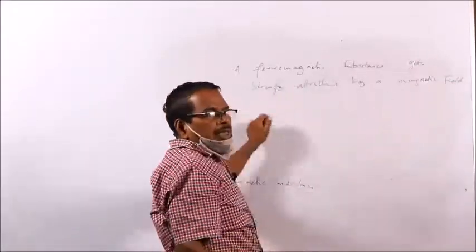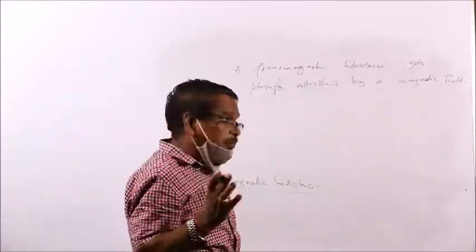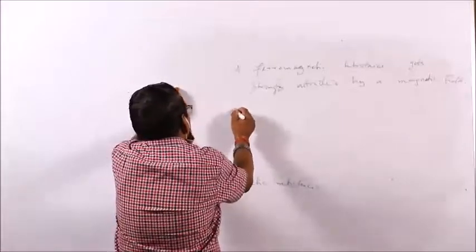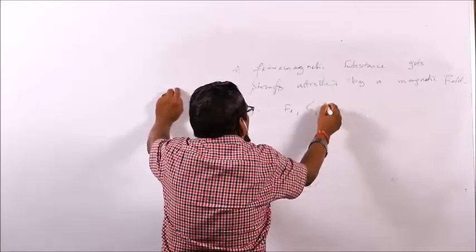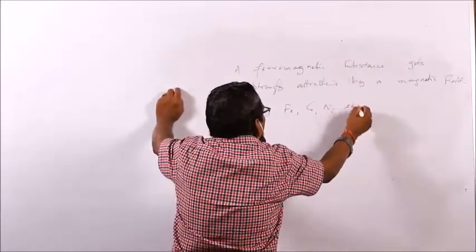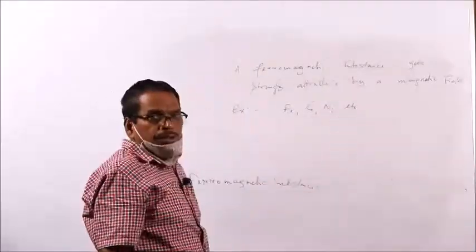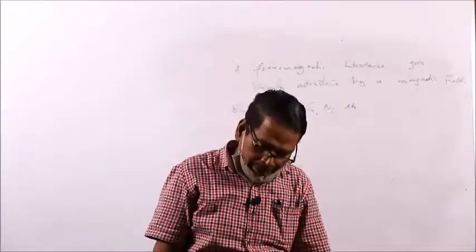Therefore, ferromagnetic substances can be converted to permanent magnets. Very simple examples are iron, cobalt, nickel, etc., which can be converted to permanent magnets.